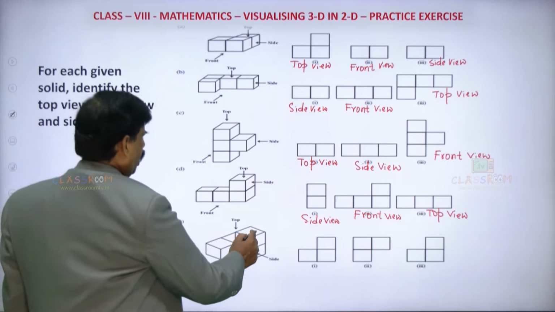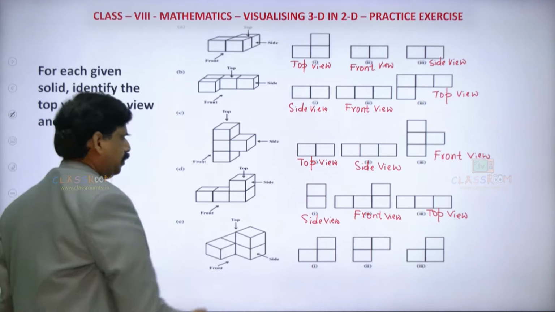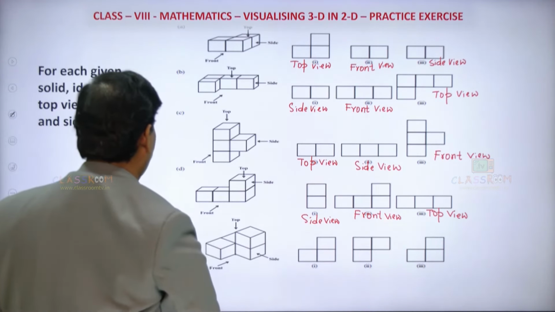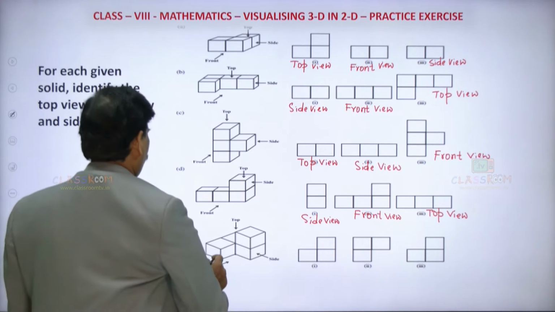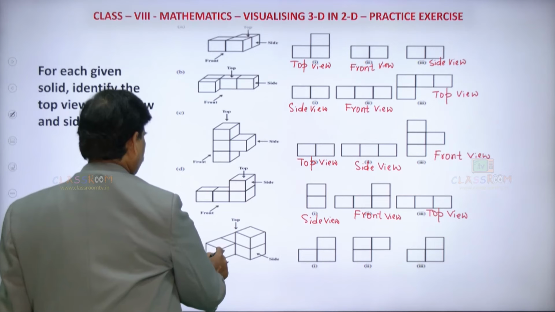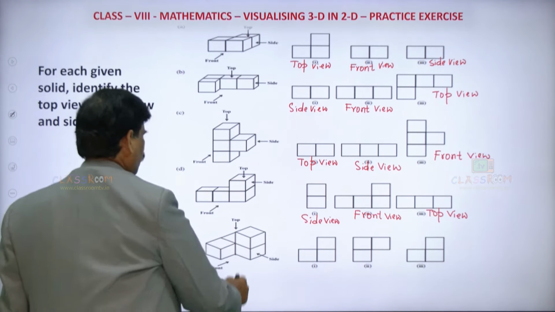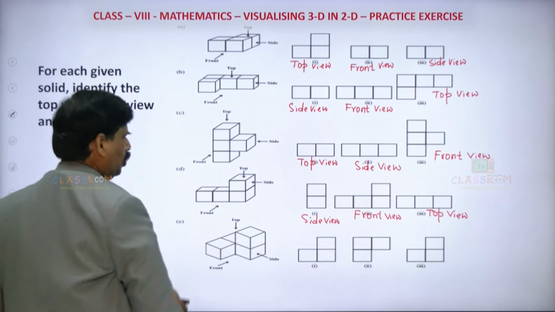So these two and this one. Clear? So if I am looking from front, I am able to see this portion, these two. Clear? When I am looking from here, I could see these two and these two.